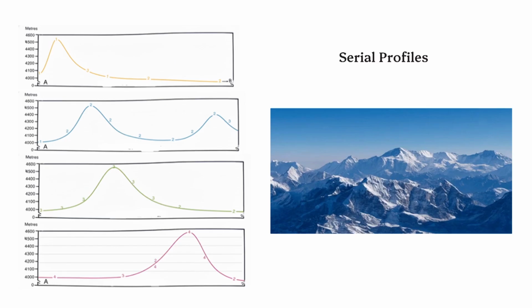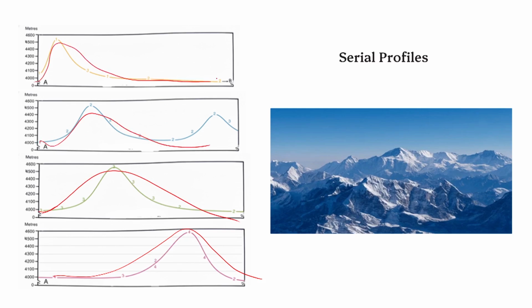Look at this figure, A, B is one kind of mountain, one kind of elevation, then C and D, E and F are different elevations. This parallel topographic variation in one location you can draw through the serial profile. See, in the real world this kind of mountain is there.